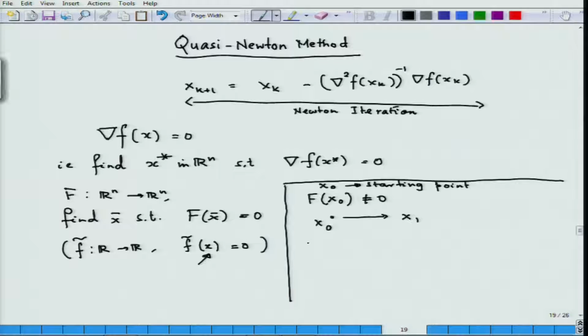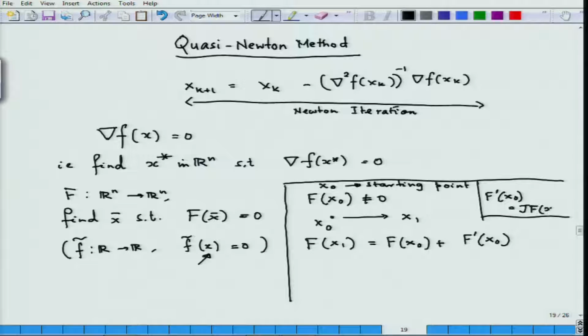I can write the Taylor's expansion for vector valued functions from Rn to Rn. So, f of x 1, the next iterate, equals f of x naught plus the Jacobian mapping, which I am writing as f dash x naught, though if you want to be truly erudite you should write this as the Jacobian of f at x naught, times x 1 minus x naught.